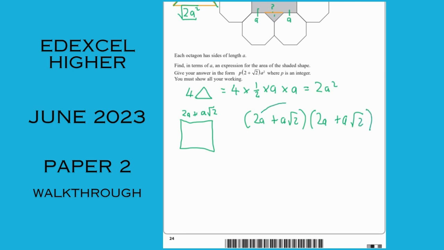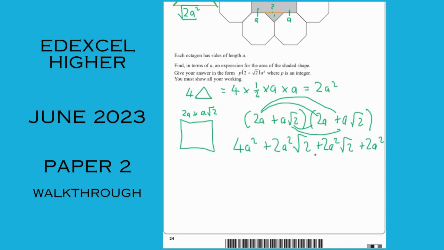So we've got 4A squared, and we've got 2A squared root 2. This too, 2A squared root 2. And the final one, A squared root 2 times root 2.